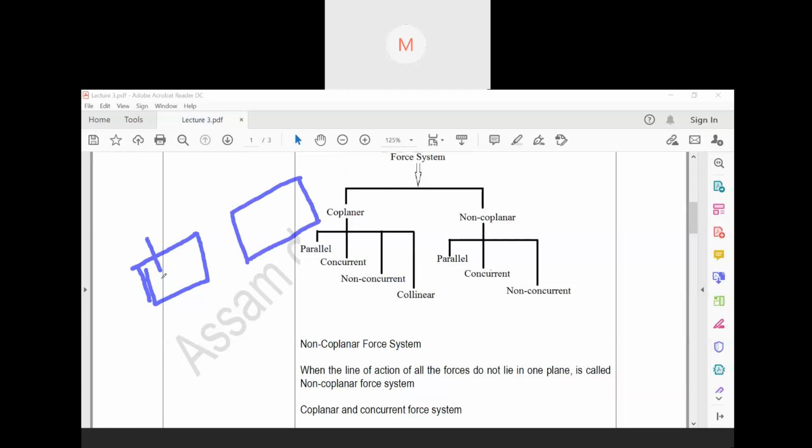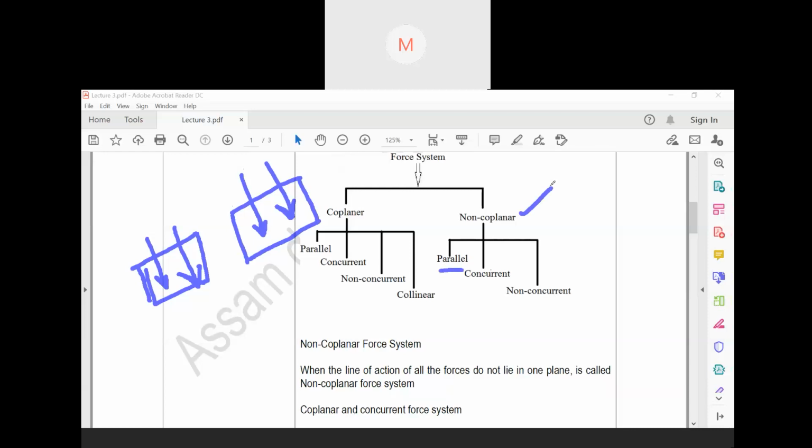These are two different planes, right? But the forces that are acting are parallel. So this is known as parallel for non-coplanar.